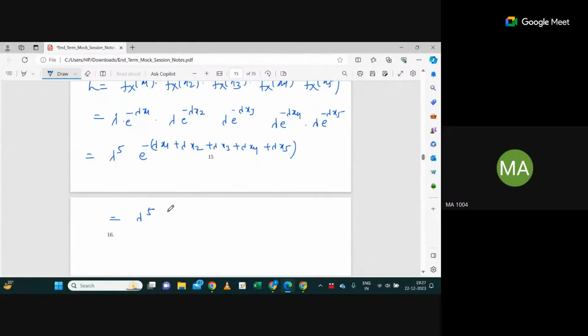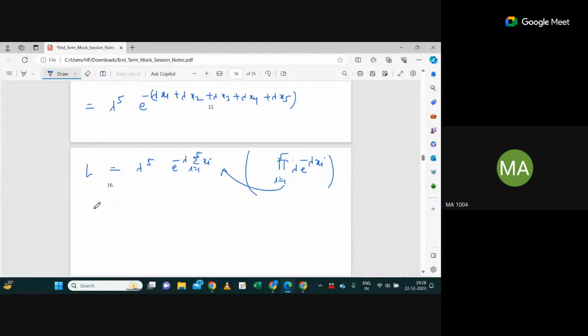So basically lambda raised to power 5, e raised to power minus lambda, I take common, then I have to do the summation of each xi. You can do this directly, lambda into e raised to power minus lambda xi; I have done it stepwise so that you get the idea.